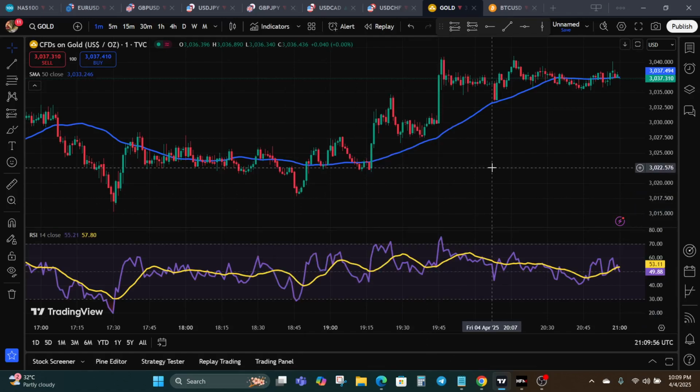Keep your chart clean, no clutter. This will help you spot entries clearly and avoid noise.